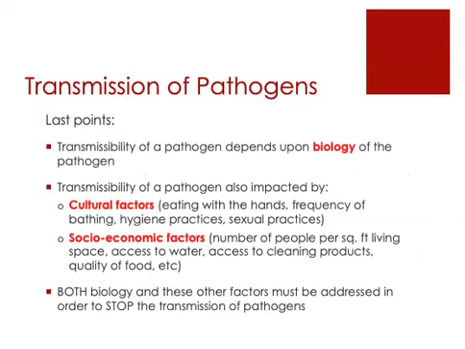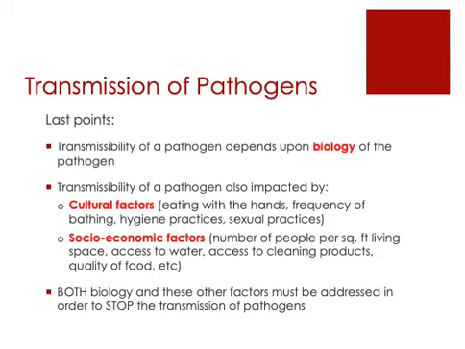The last point I want to make today about pathogens and how they spread relates to the fact that it's not always about biology. Yes, the transmissibility of a pathogen from host to host is very dependent upon the biology of that pathogen, and that's everything we've been talking about today. But the transmissibility of a pathogen also depends upon cultural factors and socioeconomic factors.